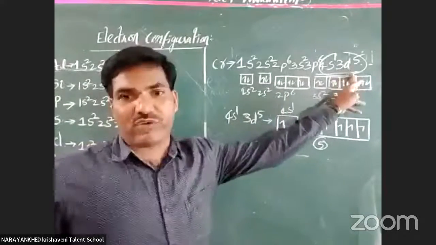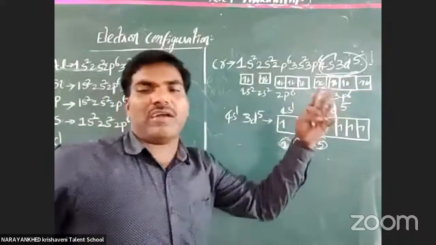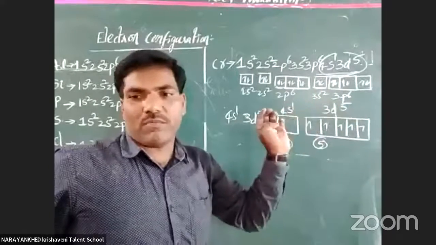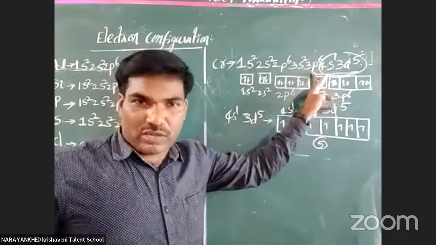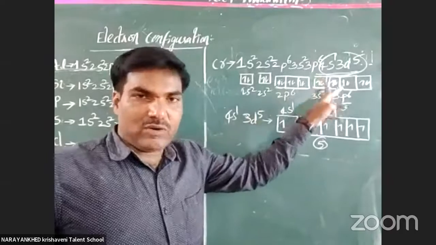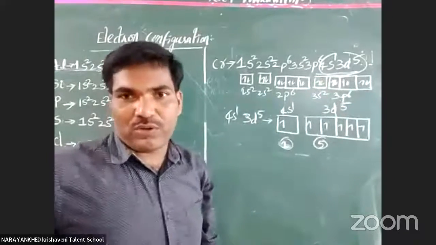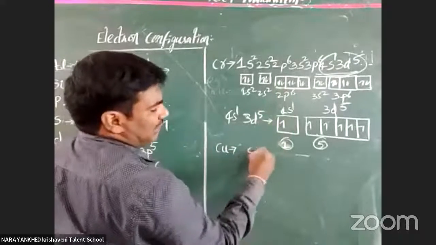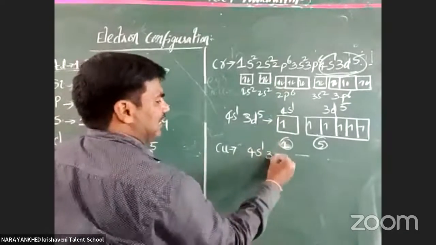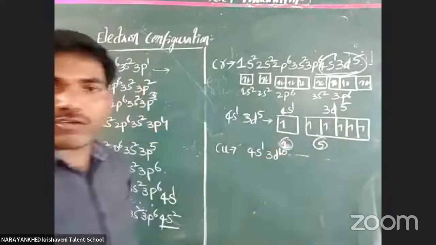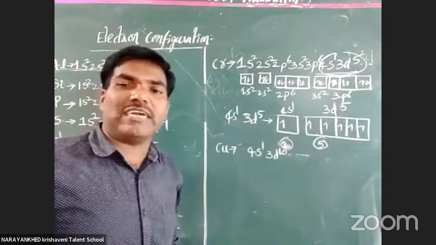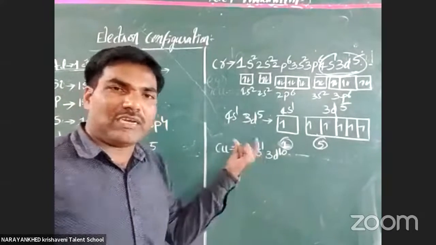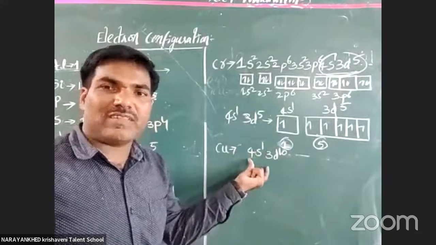4s1, 3d5. Actually, in the general manner it would be 4s2, 3d4, but it is not like that. For stability, we write 4s1, 3d5. Copper is also like that. For copper we write 4s1, 3d10. Actually what we get is 4s1, 3d9, but we write 4s1, 3d10.